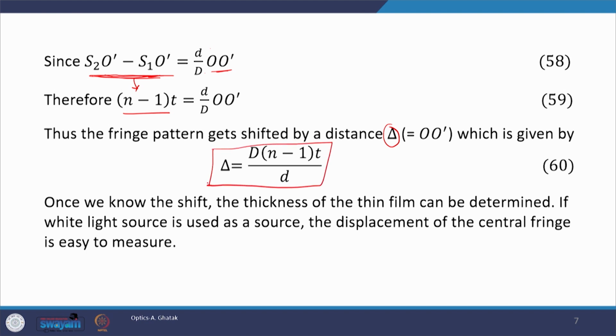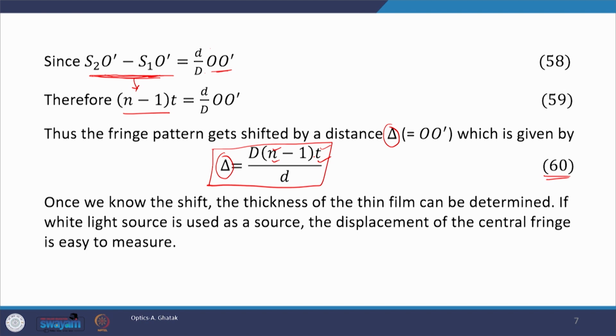This delta represents the shift in the central fringe due to insertion of a thin film of thickness T and refractive index n. Now, from equation 16, we can see that if the thickness of the film is known, then the refractive index can be calculated just by observing the shift in the central fringe position, or if the refractive index of the thin film is known, then we can calculate the thickness.